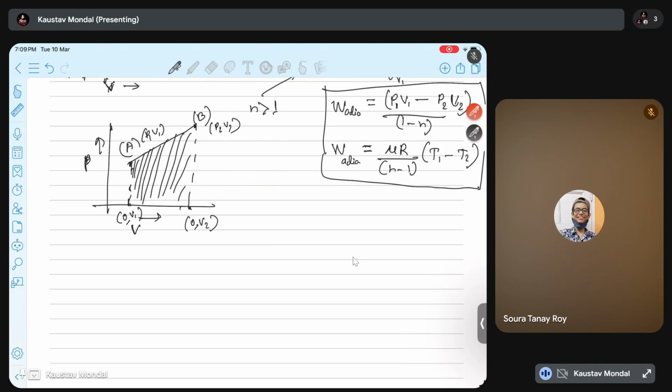If you know these four coordinates, you can calculate the region coming under this curve, and that is the work done by the system. This is also a way, using geometry, to calculate the work done.